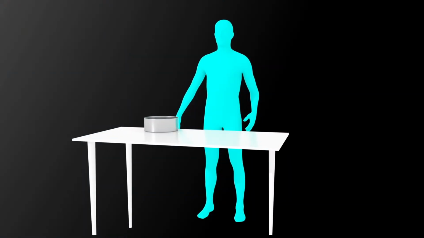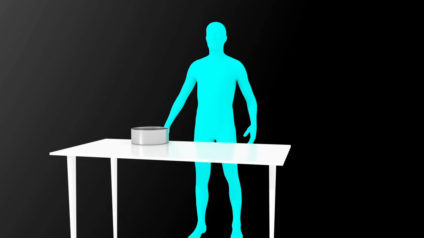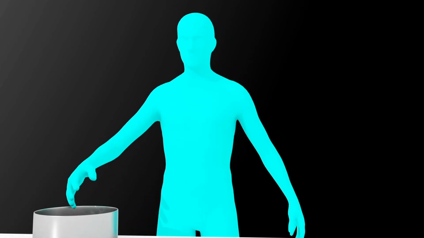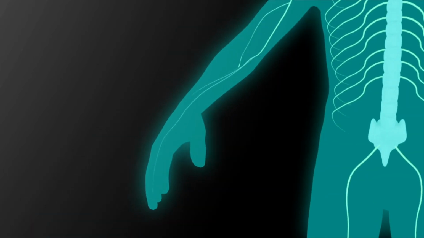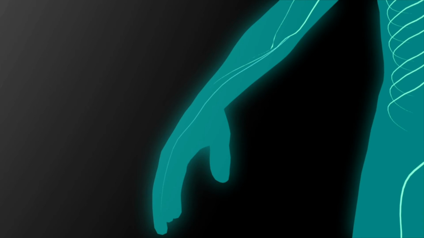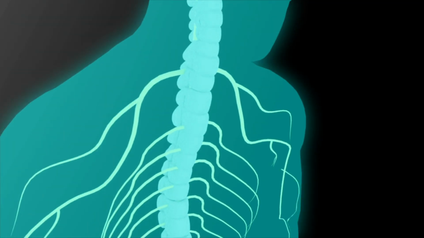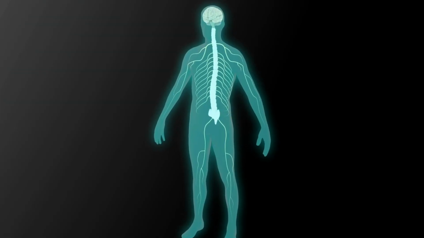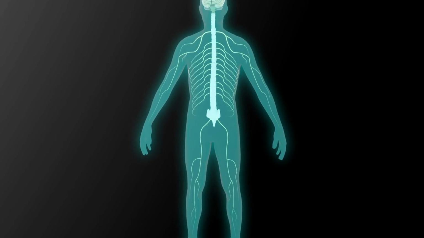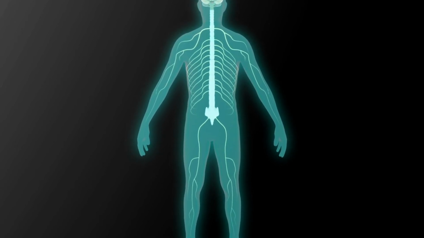Now, let's explain how this actually works. When you put your hand inside hot water, the receptors present in the skin sense the heat. The message is passed on to the spinal cord with the help of a sensory neuron. The nerves from all parts of the body meet at a bundle present in the spinal cord.